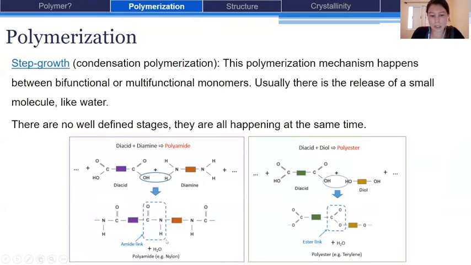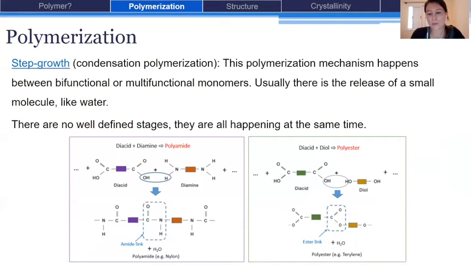So you can imagine that each functional group of each bifunctional or multifunctional monomer will react with another monomer of the other kind. So the diacid will react with two monomers that have an amine, and this will permit the growth of the chain.